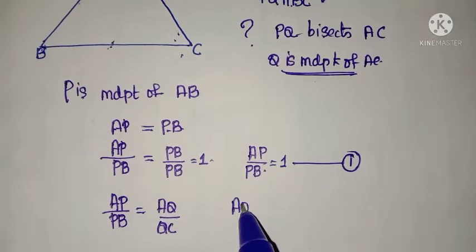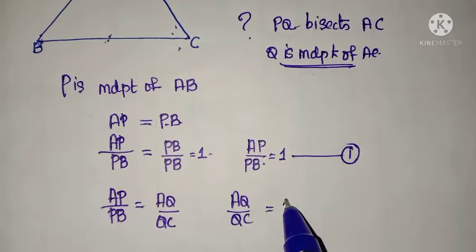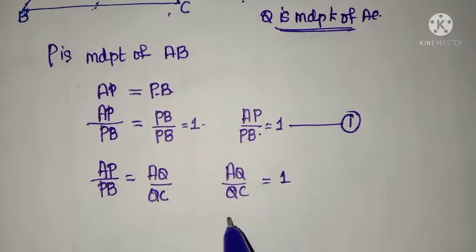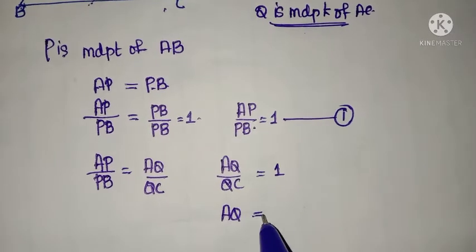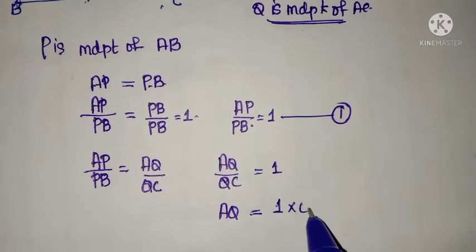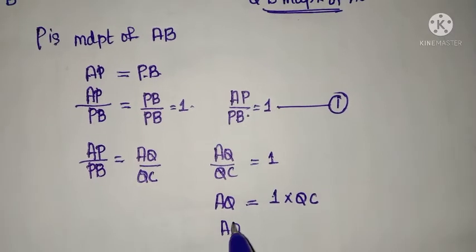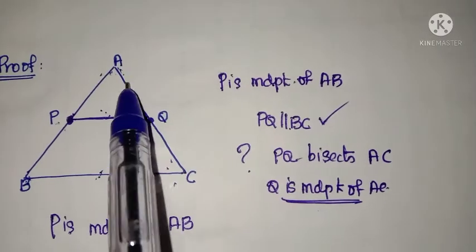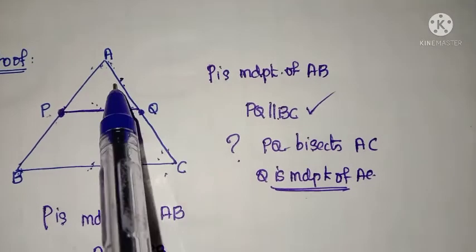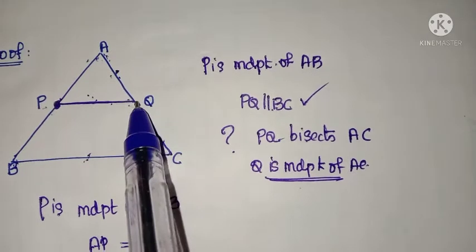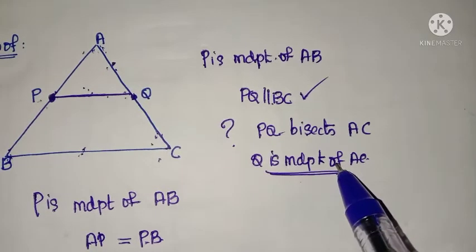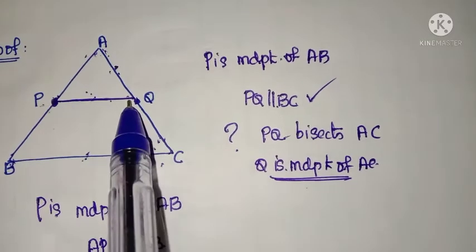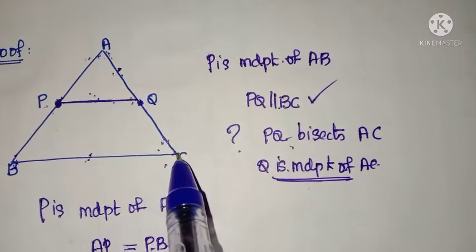So AQ by QC equals 1. Now take QC to the right side. So this becomes AQ is equal to 1 into QC, which is equal to QC. AQ equals QC. AQ and QC both being equal means Q is the midpoint of AC, which is the same as the line PQ bisecting AC.